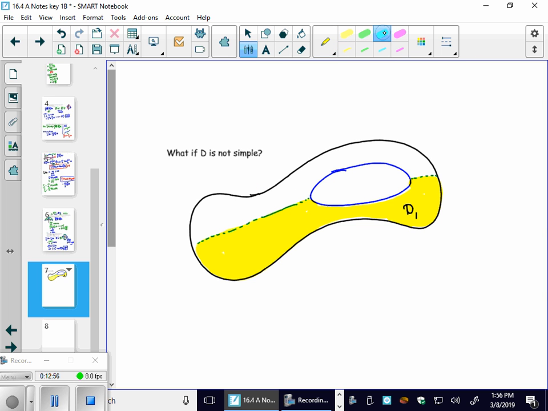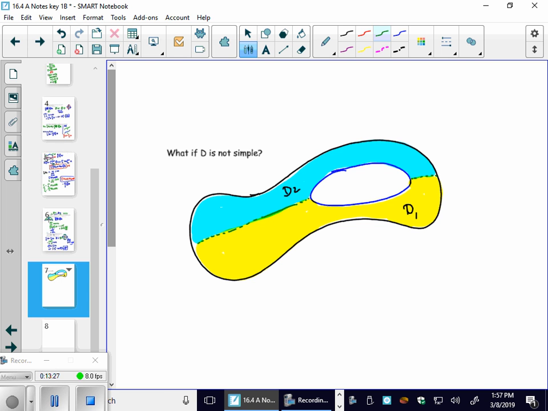I could also take all this space up here in blue, and we're going to call all the space up here in blue domain number 2. So we'll call this up here domain number 2.